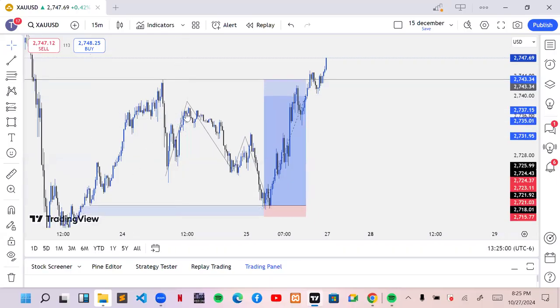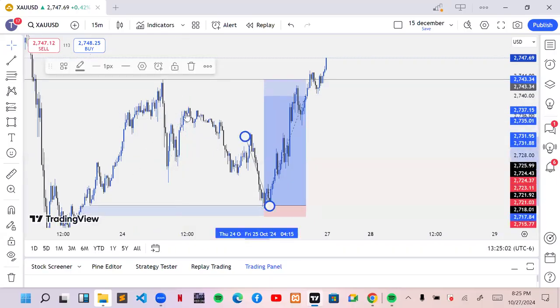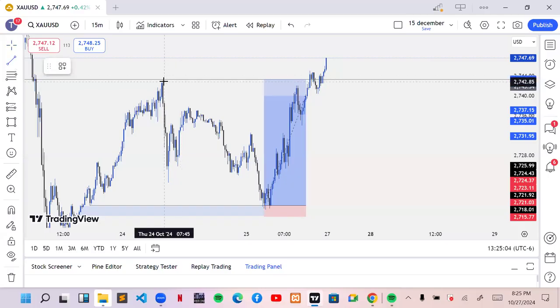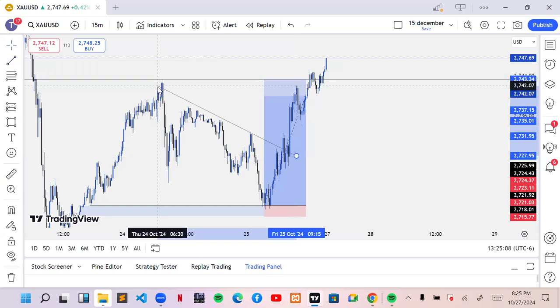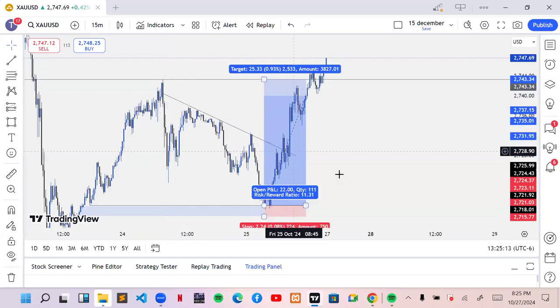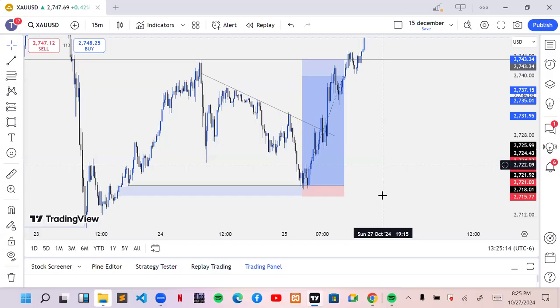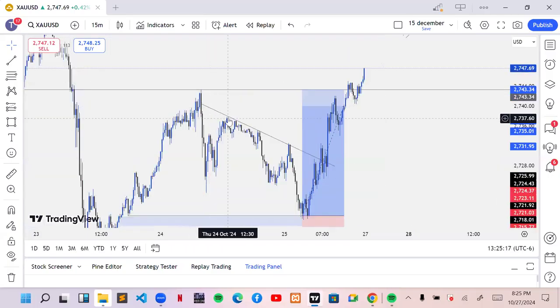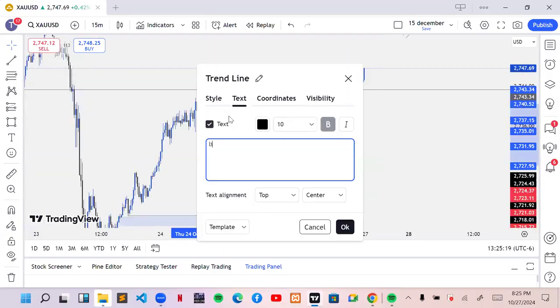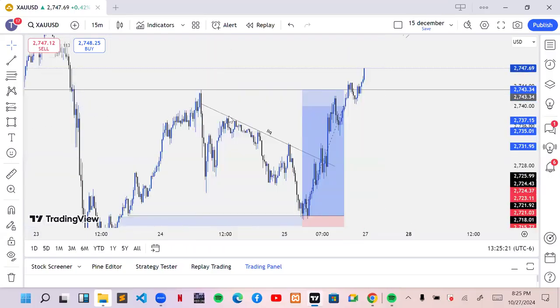So what does it mean? It means that from here down here lays trend line liquidity, on this upside. And once the market takes out one side of liquidity, it's going to take out the other one.